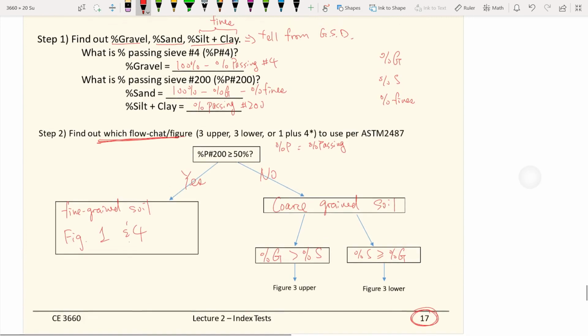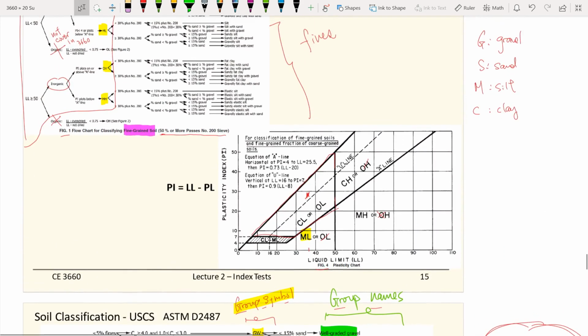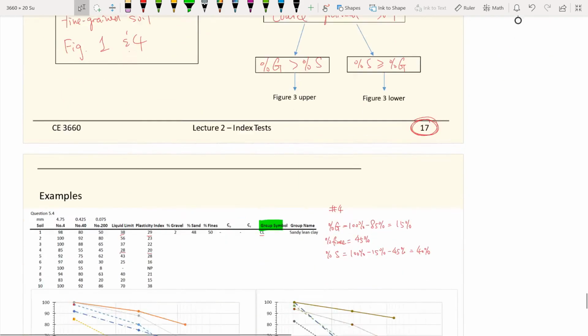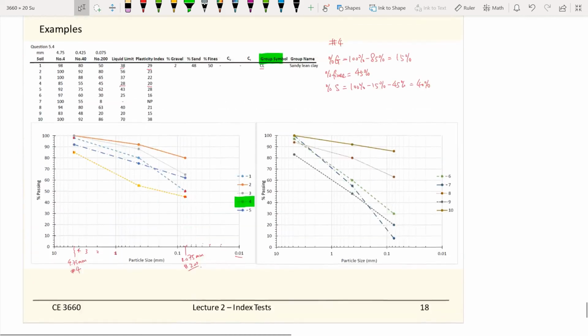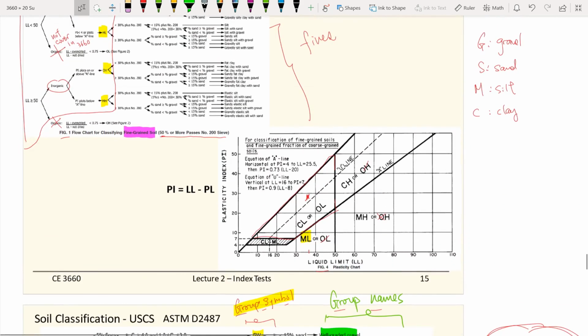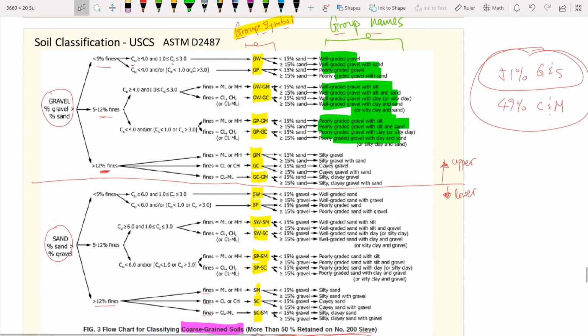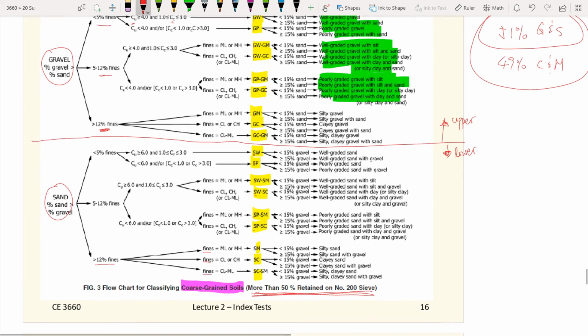So we go back to this chart. One more time, 28 and 20. We have 28 here and 20 right there. So we are also a CL material for the fines that we have. Using this chart, we are at this CL material.